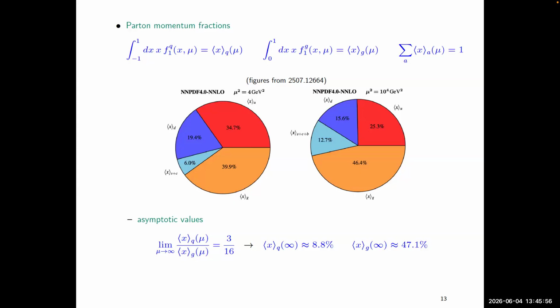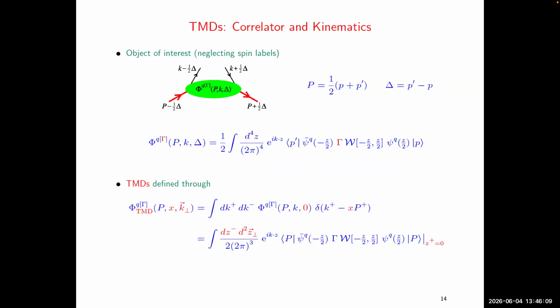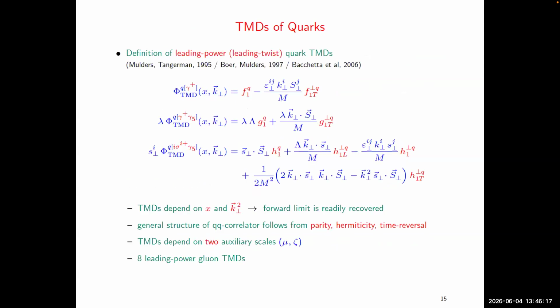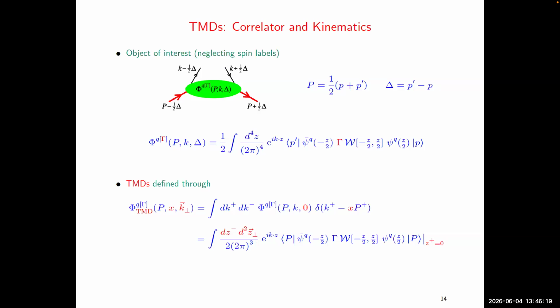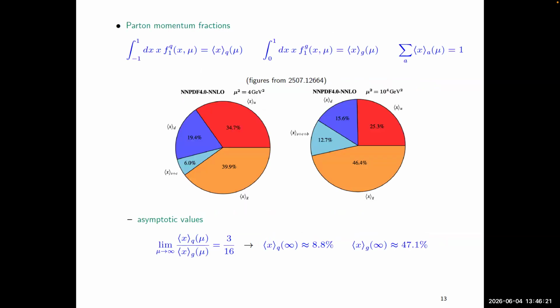However, for the quarks, we're still far away from the limit, where each quark carries about 9% of the momentum, including the top, which is not yet active at this scale. So we still have to go to quite a bit higher scale.